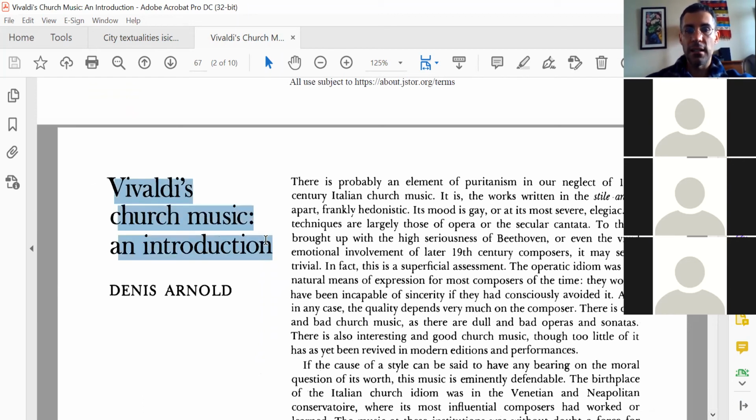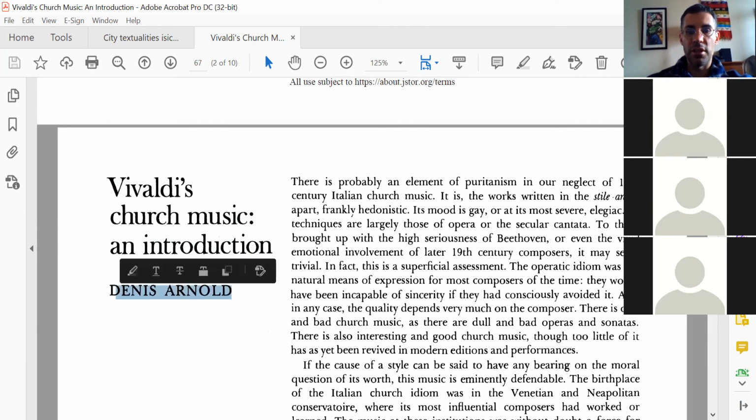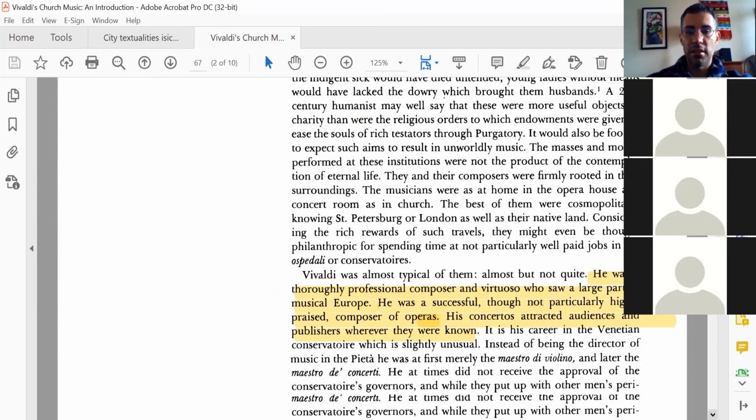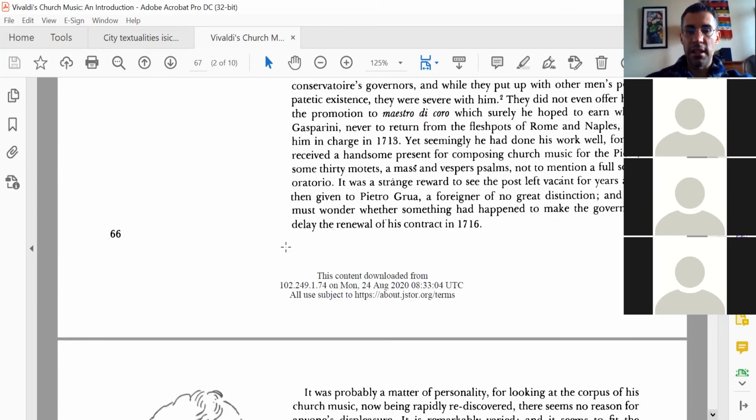Here's the title of the article. And this is the person that wrote it, Dennis Arnold, okay? Right, and there's the first page, page 66.